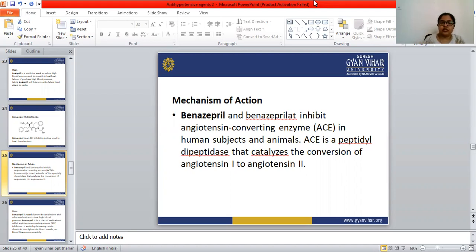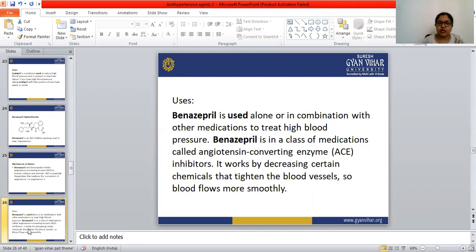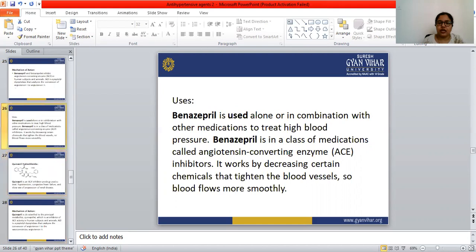Let's see the uses of benazepril. Benazepril is used alone or in combination with other medication to treat high blood pressure. It is in the class of medications called angiotensin converting enzyme inhibitors.